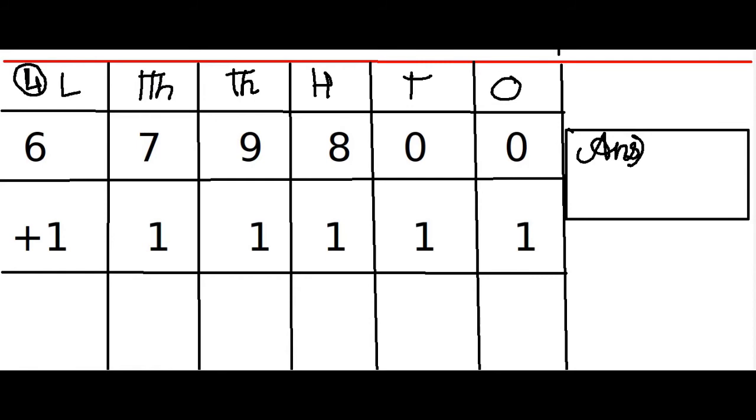0 plus 1 equals 1. So the answer over here will be 1. 0 plus 1 again 1. 8 plus 1 is 9. 9 plus 1 is 10. So 0 here, and the carried over 1 will be in the 10,000 column. 7 plus 1 is 8, and 8 plus 1 is 9. So 9 will be here, and over here 6 plus 1 is 7.